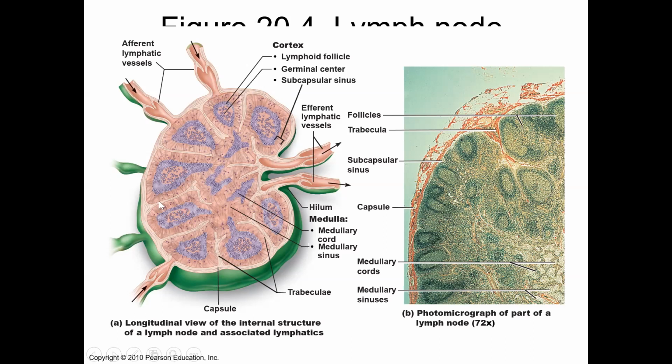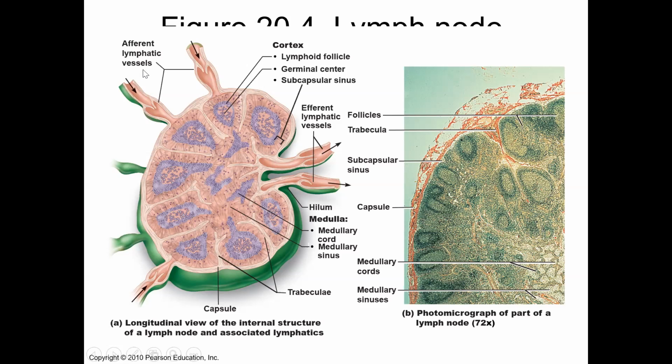The main function of the lymph node is to filter the body fluid. When you collect the body fluid, before it drains to the veins, you want to clean up this fluid. If there are any abnormal antigens or abnormal cells, hopefully you can catch them in the lymph nodes. You can see multiple vessels here.